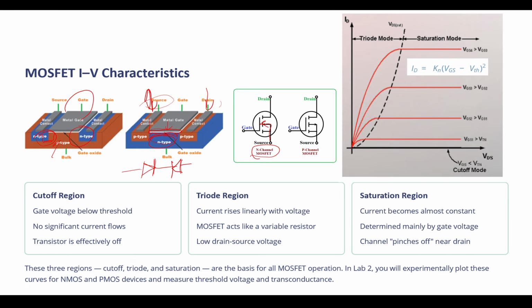Good. So when we apply a positive voltage between gate and source, okay, then the transistor would have an internal channel to transfer the charges between the drain and source. So now you can get a certain amount of current.